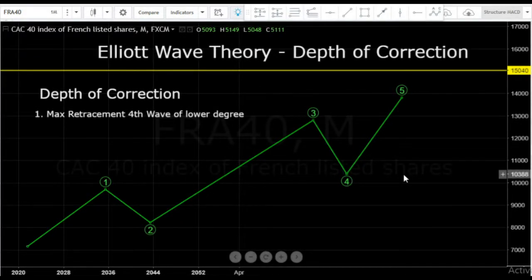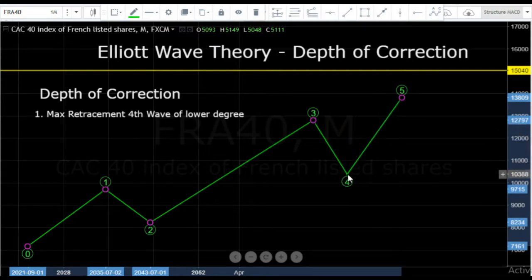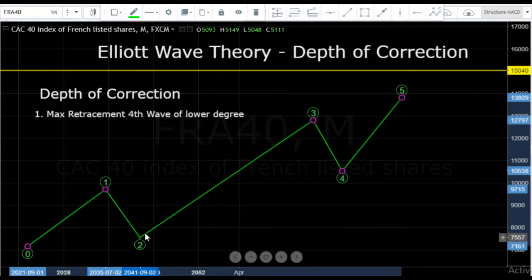So here we have our generic impulse once again, with our 1, 2, 3, 4, 5 coming up. And the big question is this: how deep should our corrections come? These two corrections.